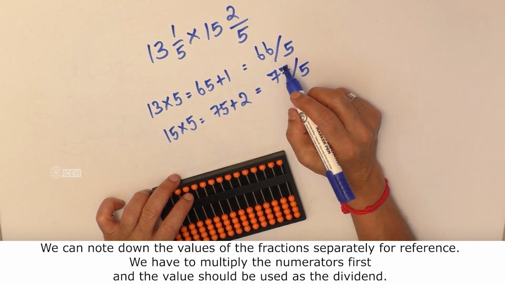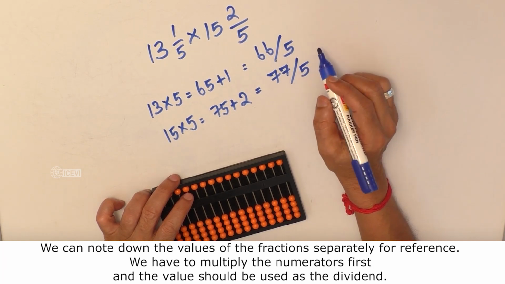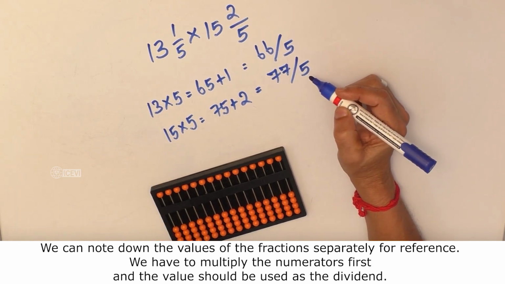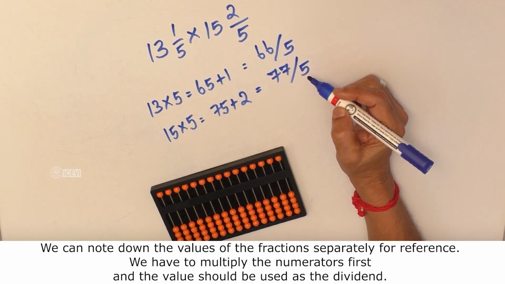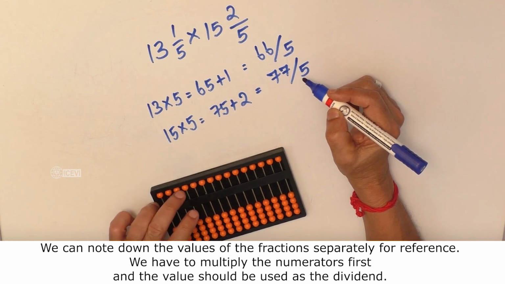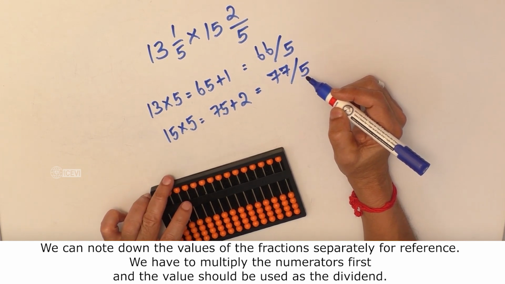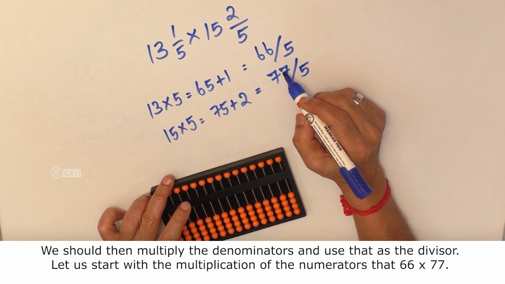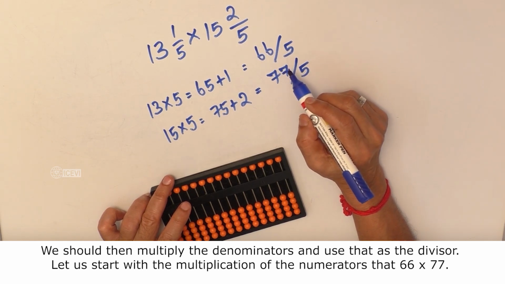We can note down the values of the fractions separately for reference. We have to multiply the numerators of the improper fractions first, and the value should be used as the dividend of a division problem. We should then multiply the denominators and use that as the divisor.